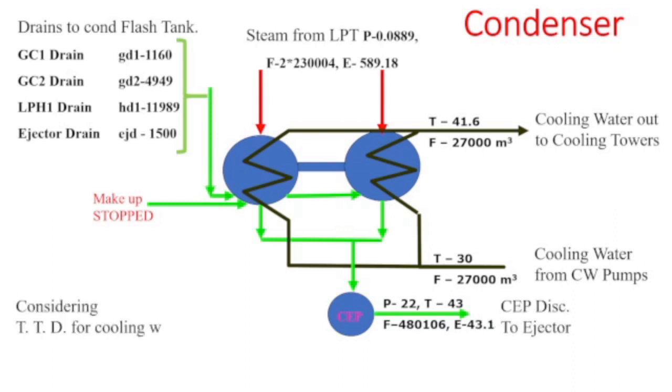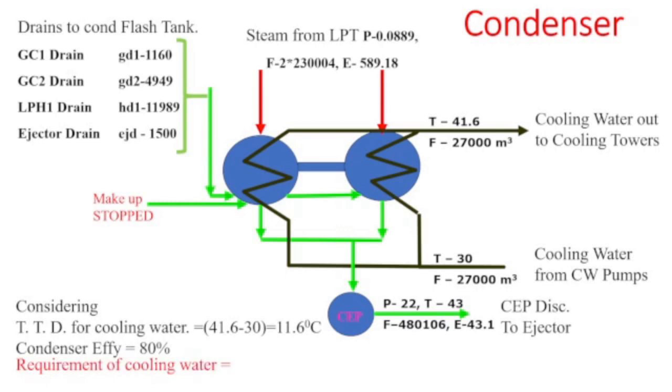The flow is 230,004 kg with the enthalpy of 589.18. The condenser also receives the drains from GC1, GC2, LP heater 1 and the ejector drain. All these drains are shown there in the green line and the total flow is also shown.